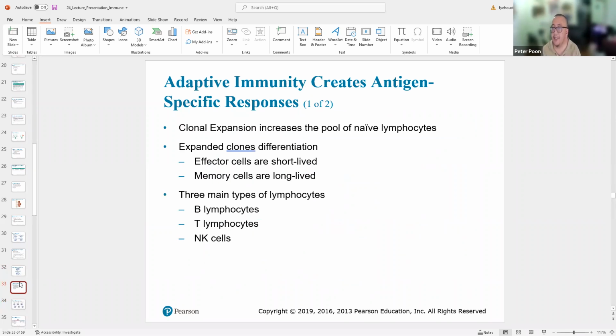Okay, once the antigen presenting cell activates the B cell or T cell, the B cell or T cell will undergo clonal expansion. Clonal expansion will increase the number of B cells and T cells that bind to that one particular antigen.